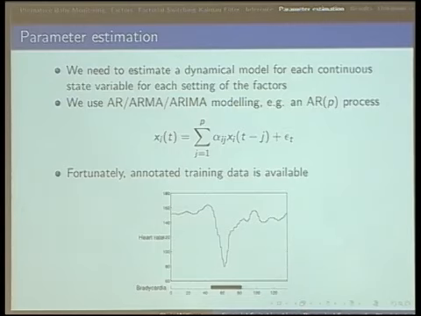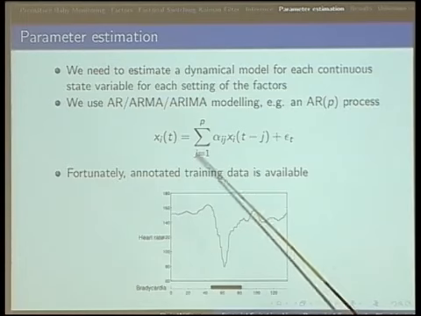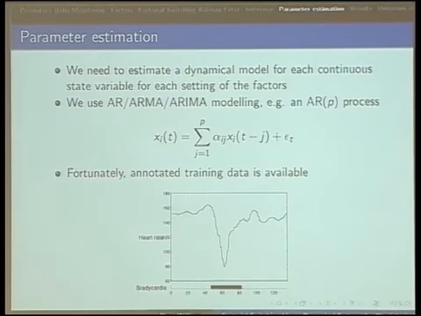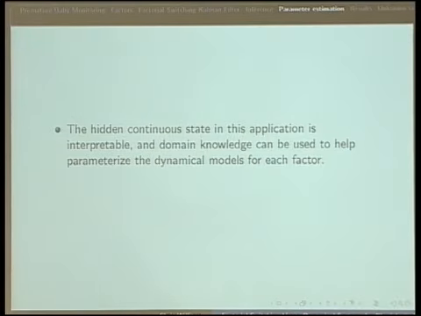In this situation, for this section of data, say this is the heart rate channel, we want to learn an AR or ARMA model for this data, under this switch setting, when the bradycardia is active. We have some marked up data, so it's easy to learn the parameters. We can just learn them like that, rather than having to do it by EM or something like that. That really helps the building of this model.